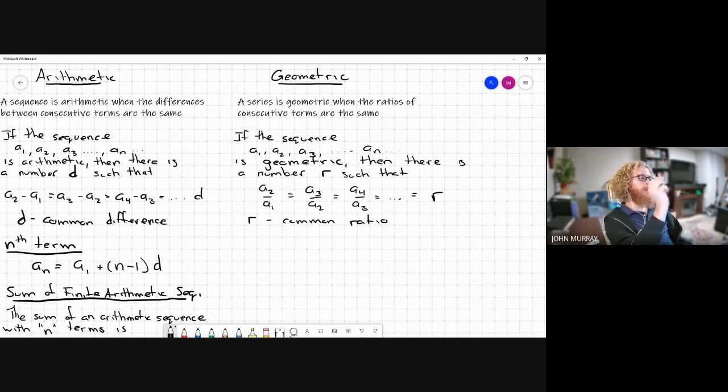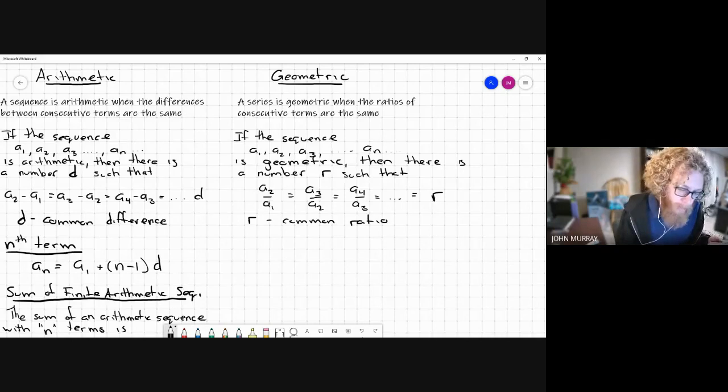So I can go from 16 to 4 to 1 to 1/4 to 1/16 by multiplying by 1/4 or by dividing by 4. But if we're talking about geometric sequences, then I'd have to multiply by 1/4 because that's technically how we do it. So r is called the common ratio.